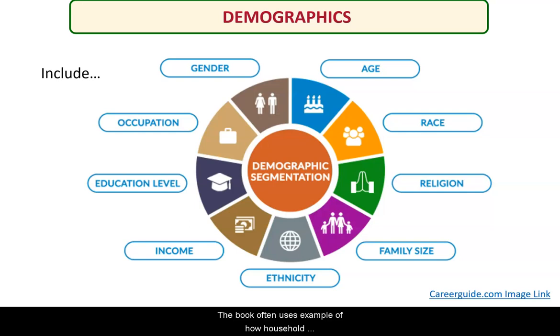The book often uses the example of how household composition affects how people buy convenience food differently. What about occupation or educational level and akin social class? All can correlate with different types of experiences, needs, and motivations. You may, for example, need to alter the mix for how the group tends to do their research or who they turn to for advice.